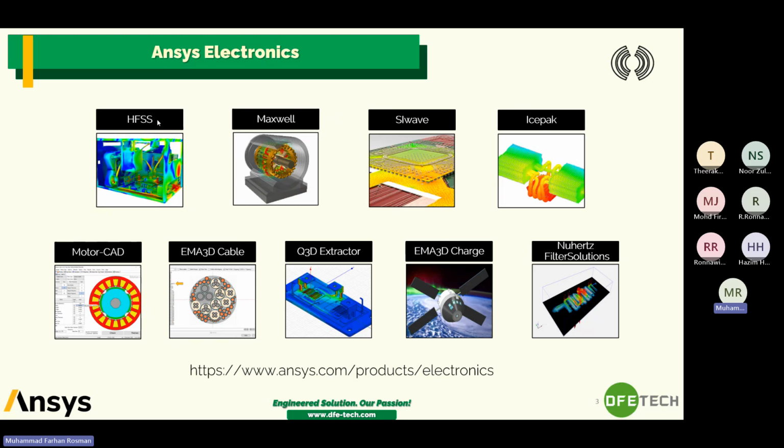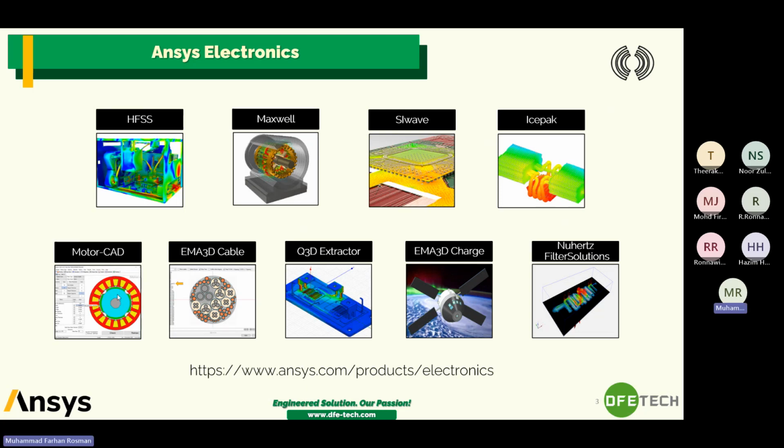First of all, we have HFSS, which is software for high frequency simulation. This one is Ansys Maxwell for low frequency electromagnetic simulation. We have SIwave for electronic packages, and we have IcePak for thermal integrity.